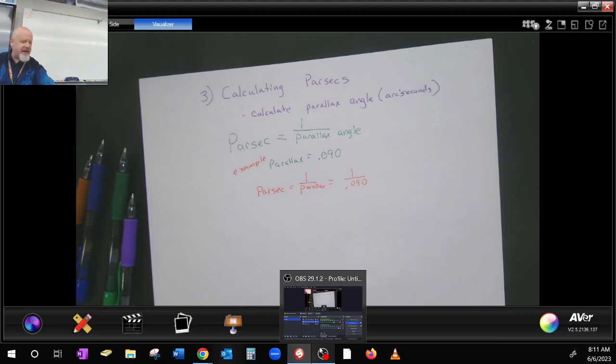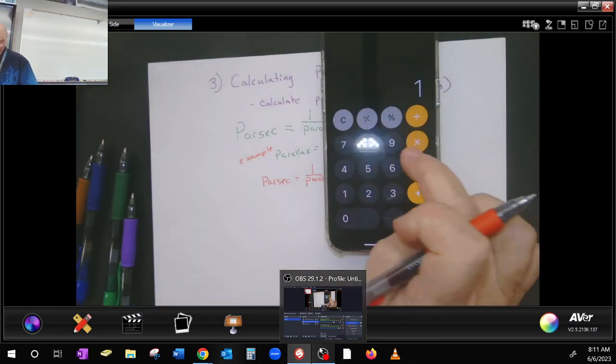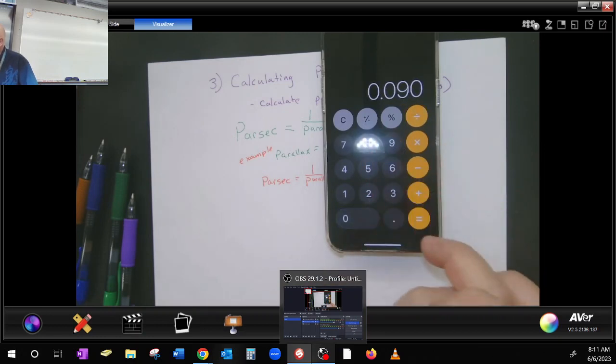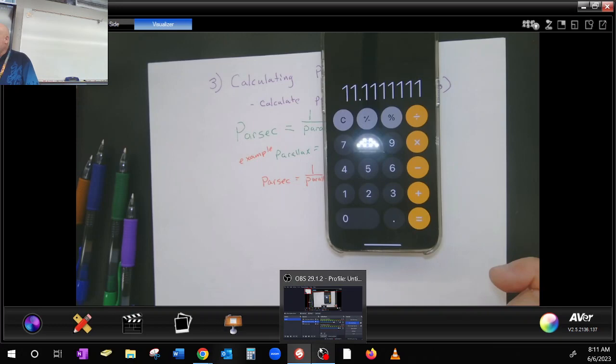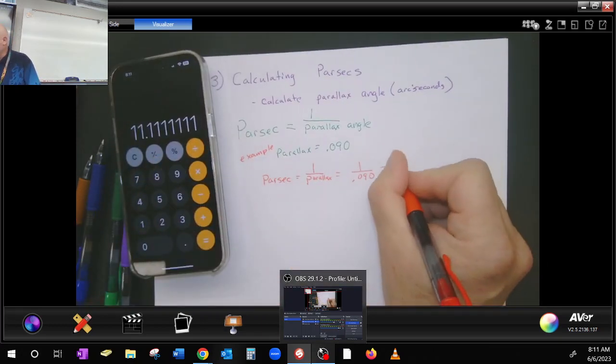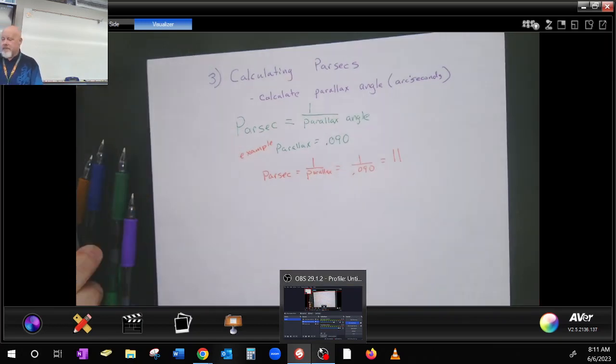That's one I actually gave you guys on the assignment already, but I'll calculate that on the screen so you can see. 1 divided by 0.090, make sure you get that decimal point in the right place, comes to 11.11. We're just going to round that off to 11. Okay? That's your parsecs. So it's 11 parsecs.